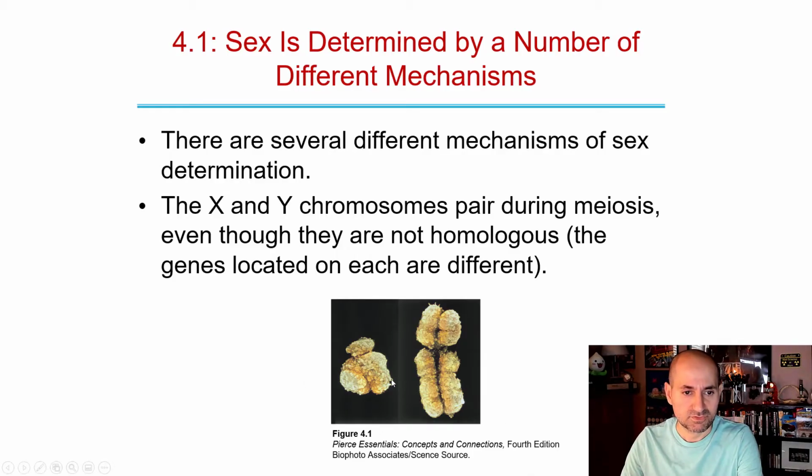Well, the Y chromosome is actually a very stubby, short chromosome, as you can see here on the left in this image 4.1. There's only a handful of useful genes on this chromosome, the main one being SRY, which directs maleness. Now, the X chromosome is much longer, and it has a host of different genes, so it has a lot more useful genetic information.